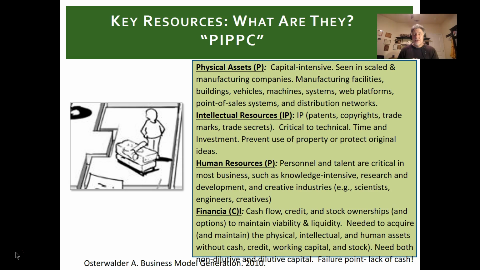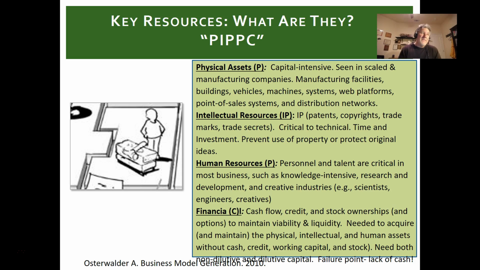And without cash, credit, or working capital stock, forget about it, okay? And you want to be able to get, ideally, non-dilutive capital investment, which means basically you maintain your same percentage of ownership share, but then there is dilutive capital, whereas you go to angels or VCs where you dilute out your ownership share.